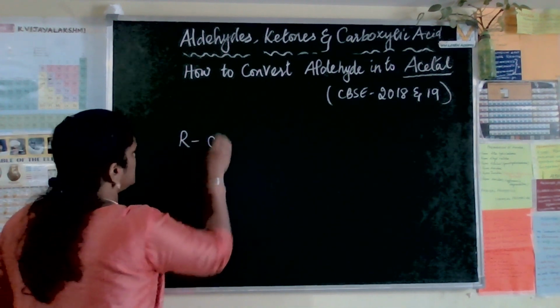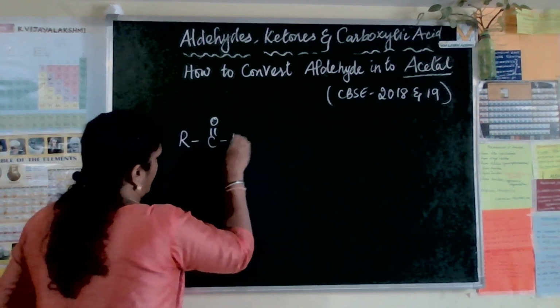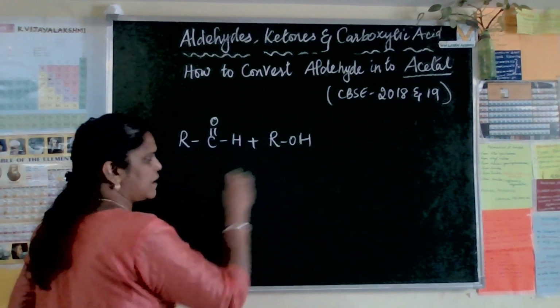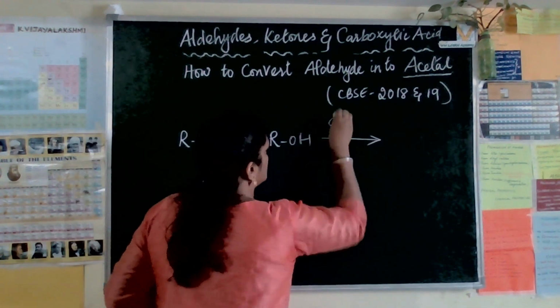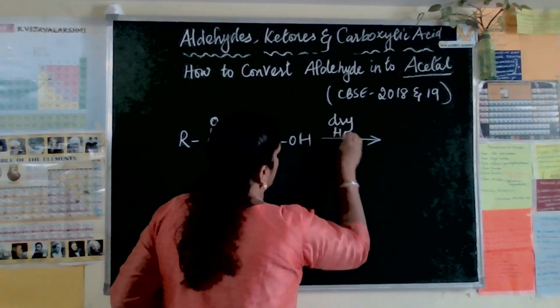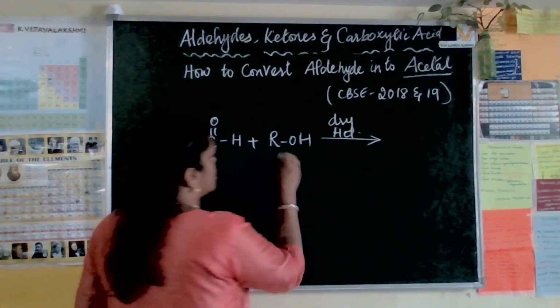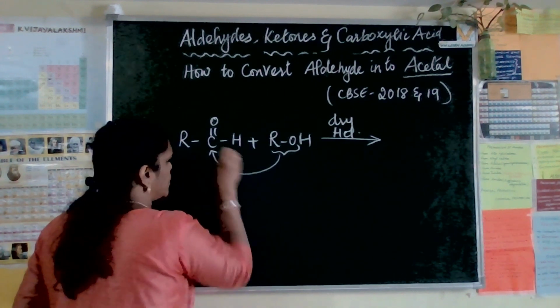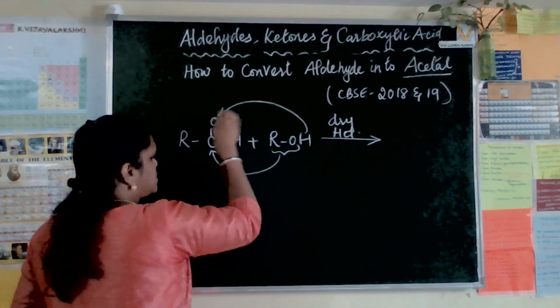R C double bond O H combined with R O H, alcohol, in the presence of dry HCl. What are you getting now? You see this group OR will go and attach over here, and this hydrogen will go and attach.